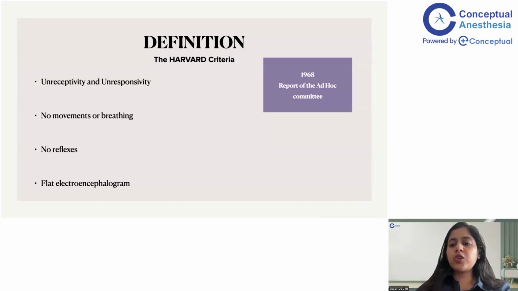So coming to the definition, the earliest definition for brain death was given by an ad hoc committee headed by an anesthesiologist in 1968, and this is called the Harvard criteria. And this included the following concepts of unreceptivity and unresponsivity, no movements of breathing, no reflexes, and a flat electroencephalogram.